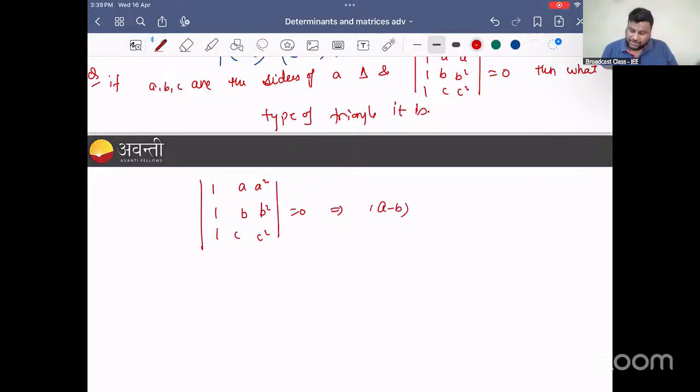This implies (a minus b)(b minus c)(c minus a) is 0.